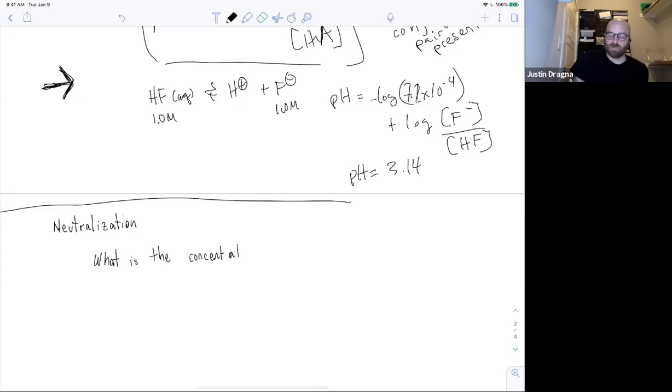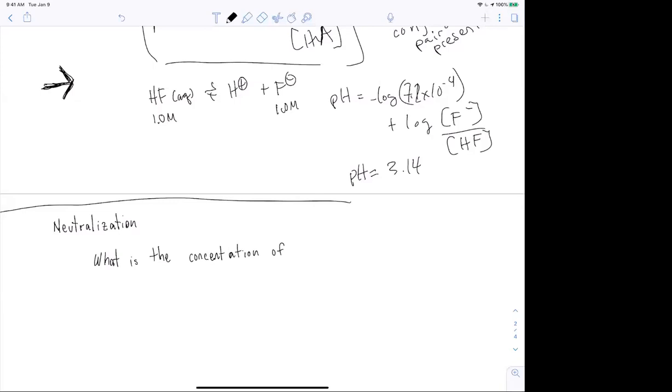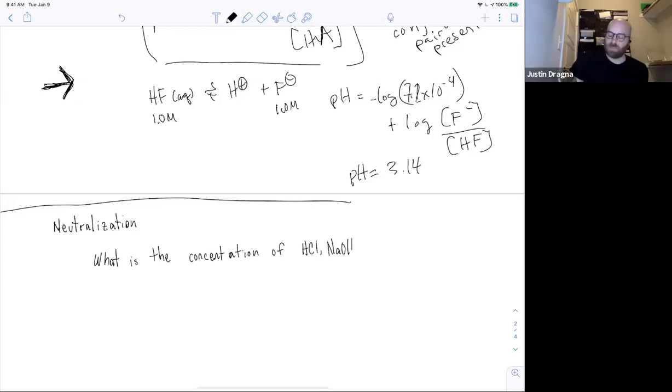concentration of HCl, NaOH, and NaCl. Where's the concentration? Or, I'm trying to think of how we would phrase it in a general chemistry course.